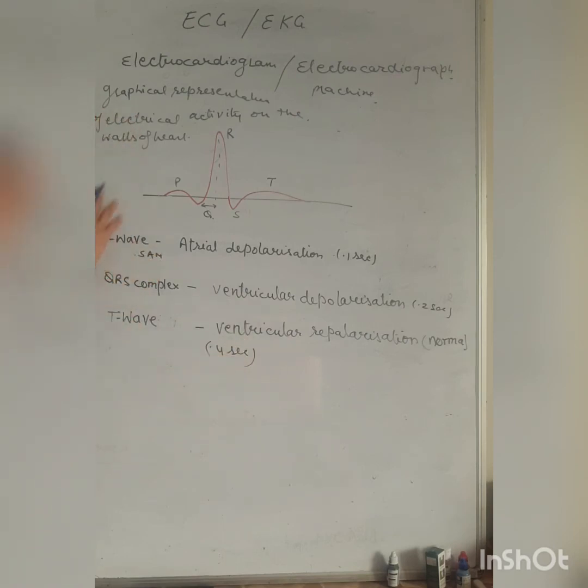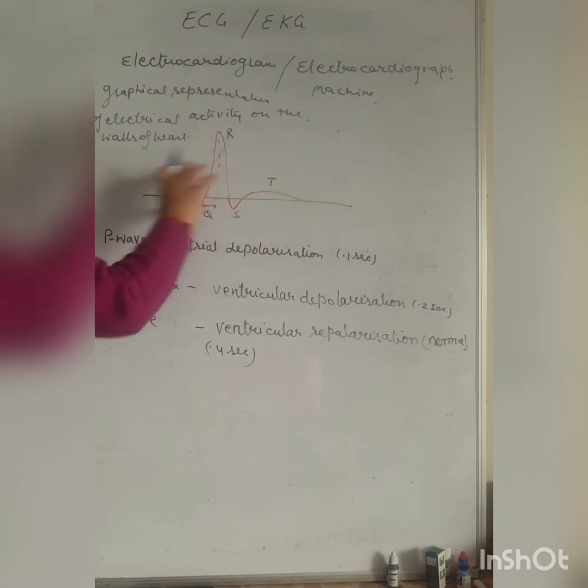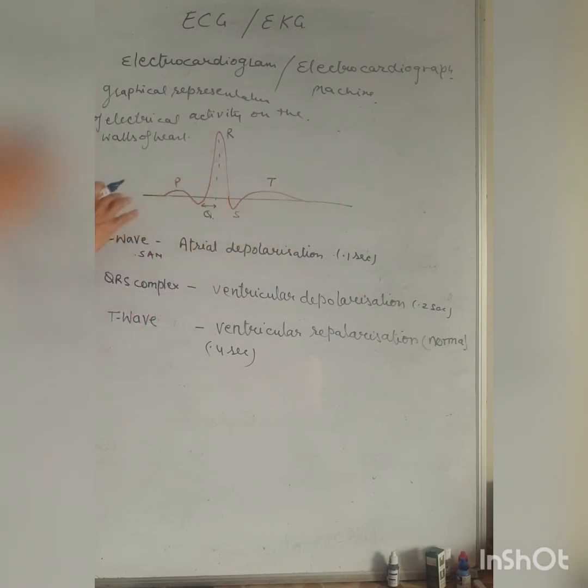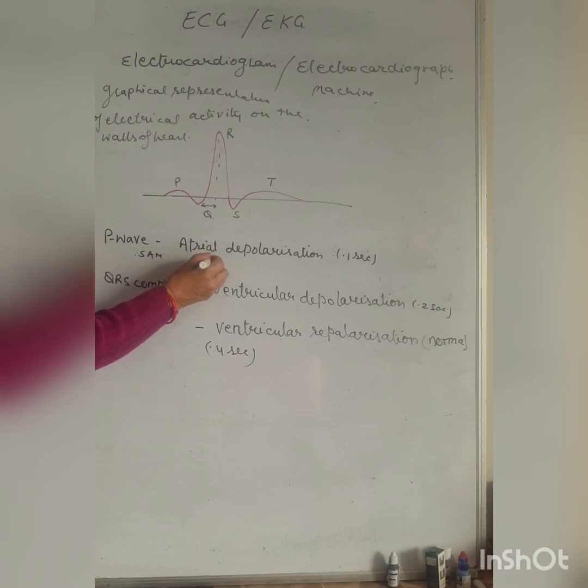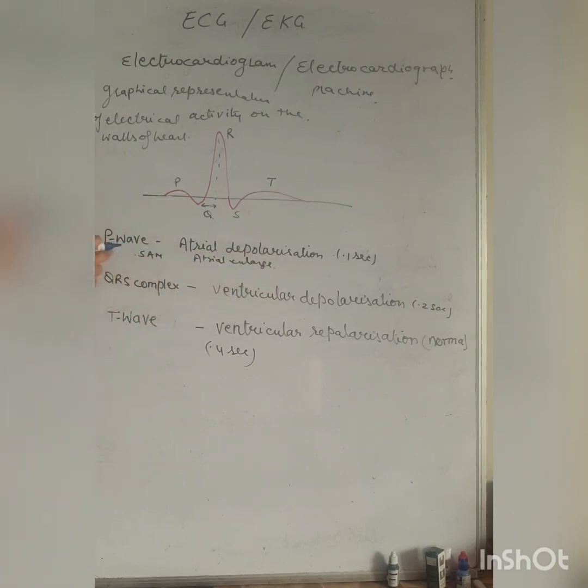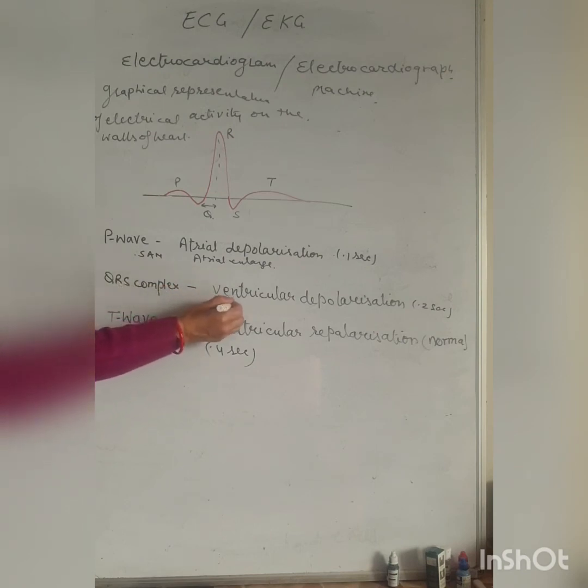So when we see this type of ECG, the normal condition is there. If a larger P wave is there, the abnormality is atrial enlargement. If the atrium is enlarged in size, the P wave is enlarged. An enlarged Q wave means myocardial infarction, or simply we can say a heart attack is there.